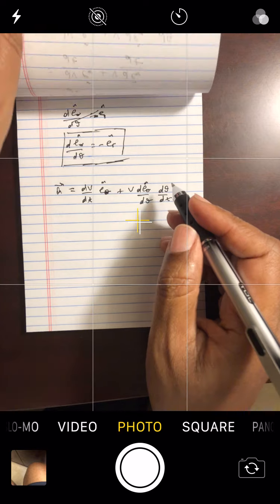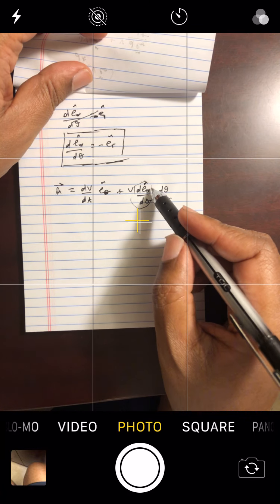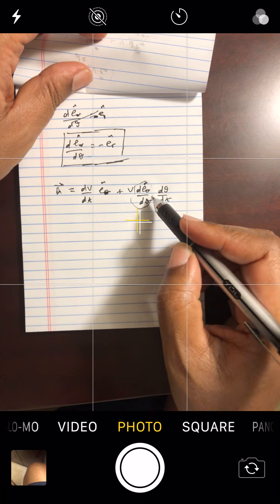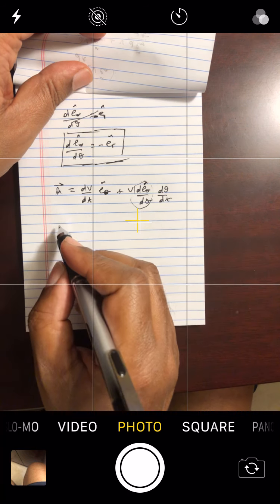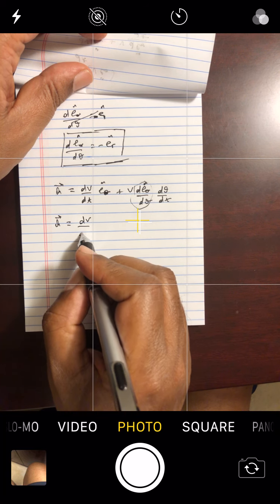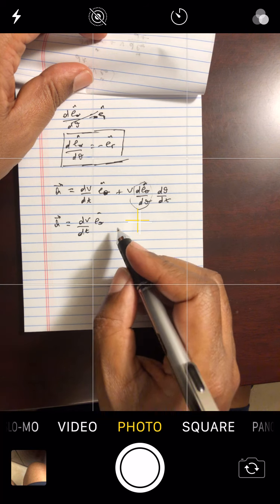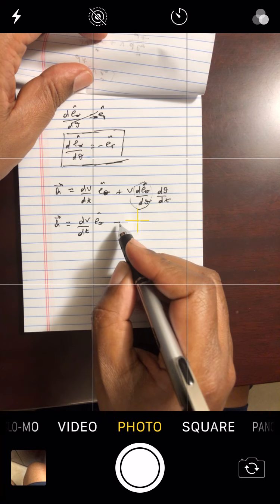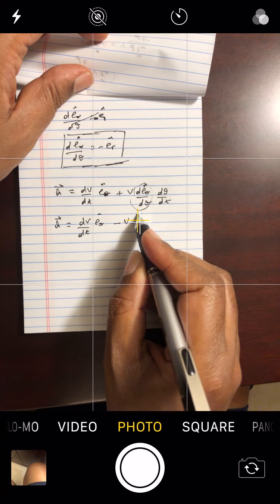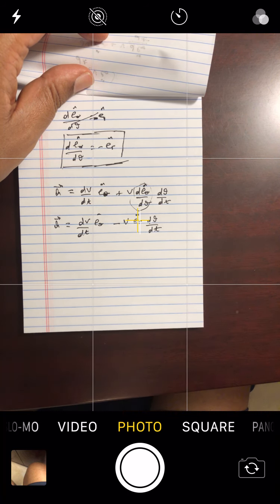Now we're going to use this formula over here. You see this? The derivative of the tangential unit vector with respect to theta is simply negative e r. So the acceleration is equal to dv by dt in the direction of e theta, and now this is going to be negative v e r d theta by dt.